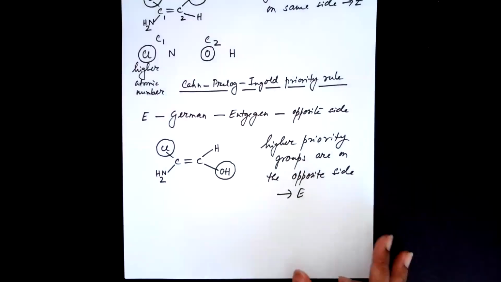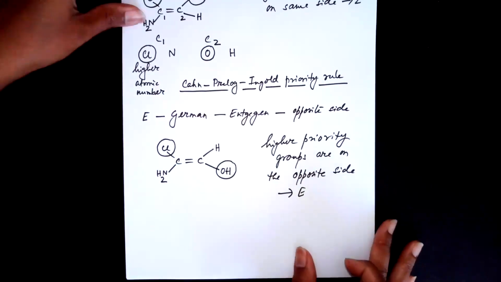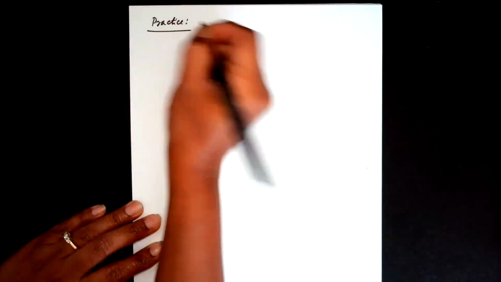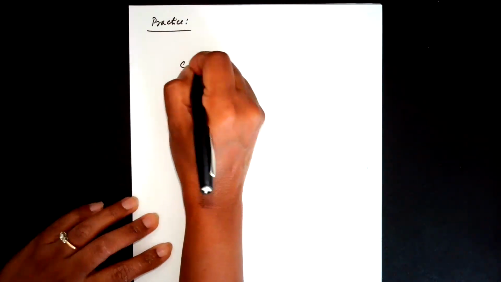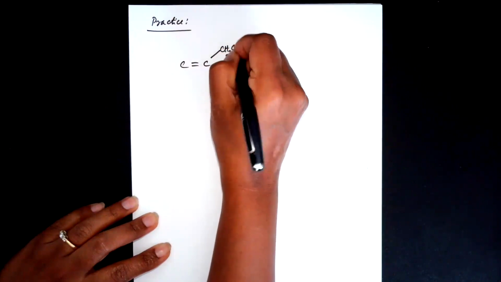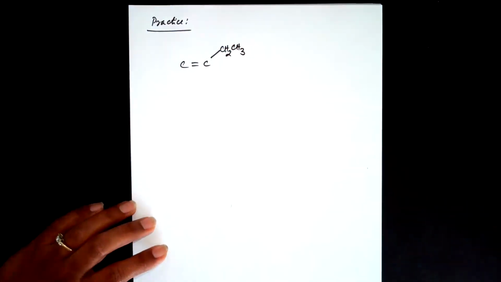Let's do maybe two more examples, just for fun, just to make sure we understood. So like two practice problems to see if we are able to determine E or Z, or maybe we should even start with cis-trans and then do E and Z. So I will give you a CC double bond, and on one side I give you a CH2 CH3, which is an ethyl group.